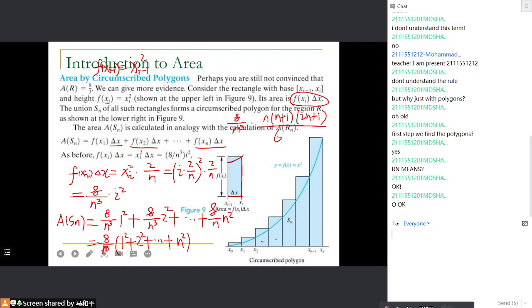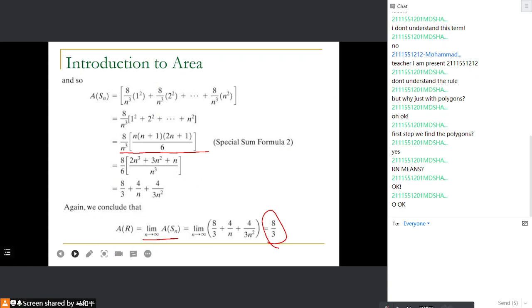So the area we have is f(x1) dx plus f(x2) dx plus the last one is f(xn) dx. And we calculate this. We have this is 8/3 plus 4/n plus 4/(3n square), right?